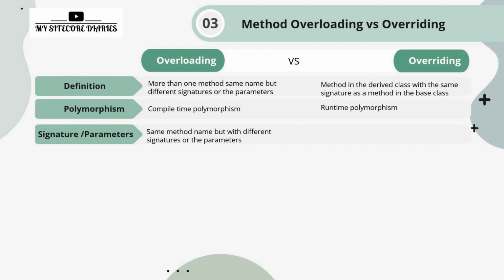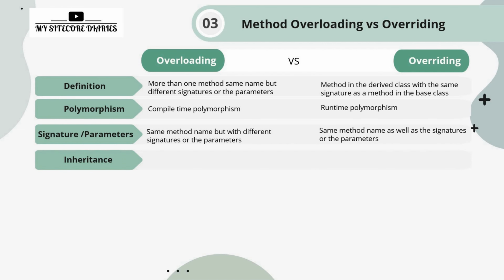Signature and parameters: for overloading, the same method name but a different signature or parameters. Whereas for overriding, the same method name as well as the same signature and parameters. Inheritance: overloading doesn't need any inheritance, whereas overriding needs an inheritance level.